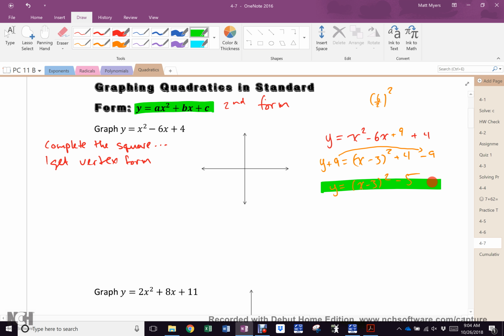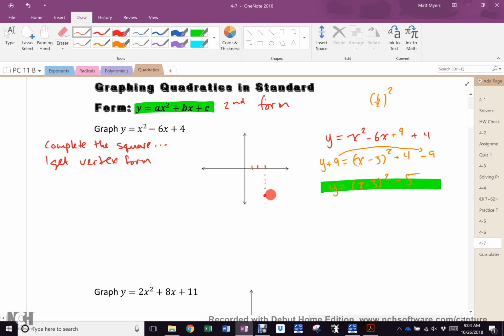Go. 5, 4, 3, 2, 1, 0. Everybody's got it graphed, right? Plus 3, 1, 2, 3. Minus 5, 1, 2, 3, 4, 5. Any stretch?